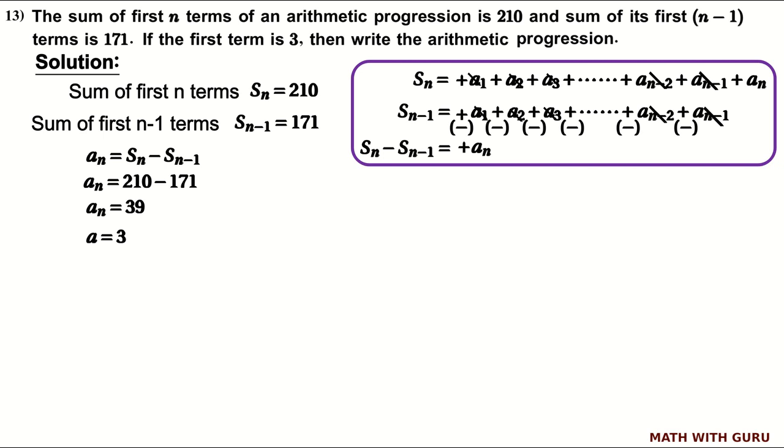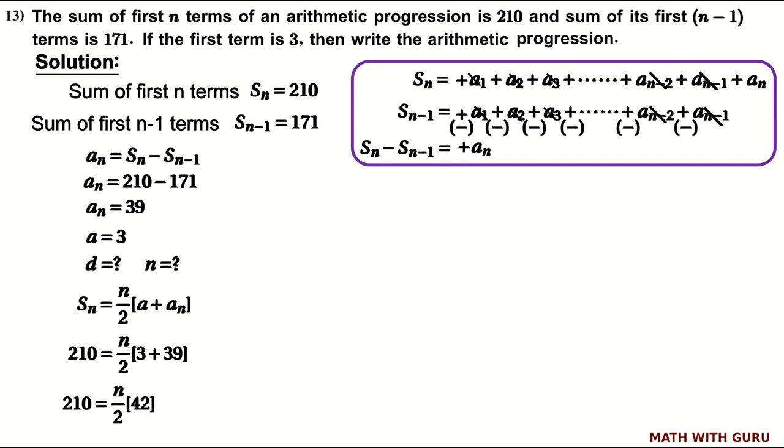Now, we know the first term A is 3. To write the arithmetic progression, we need D. To find out D, we need n, the number of terms. Using the formula Sn equals n by 2 into A plus An, let us find out n first. 210 equals n by 2 into 3 plus 39. 210 equals n by 2 into 42. 2 ones are 2, 21s are.